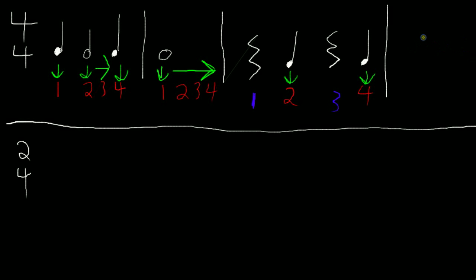So now what we're going to do is translate this, or rewrite this, in 2/4 time. One of the first questions I want to ask is: we've got 3 measures of 4/4 time up here. There's measure 1, measure 2, measure 3.